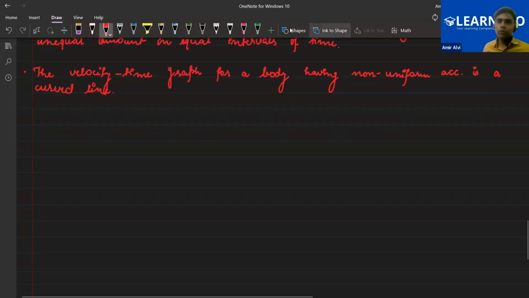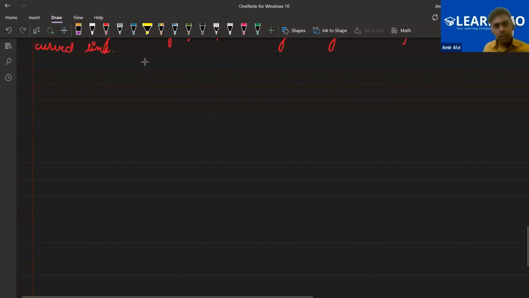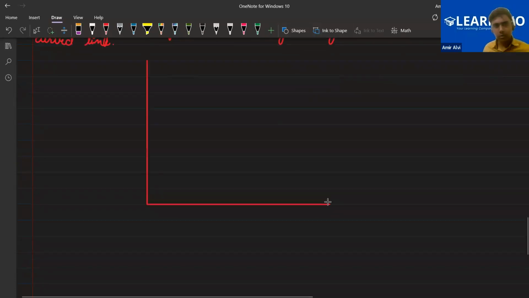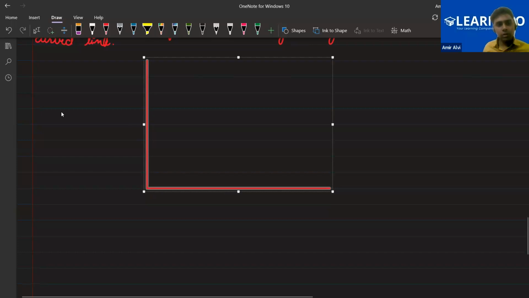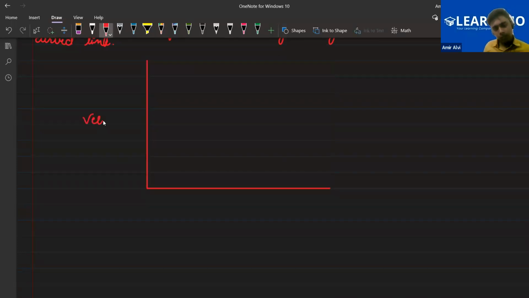If I draw the graph of non-uniform acceleration, it will be like this. This is velocity and this is time. It will be like this. This is a non-uniform graph for the motion. Clear, everyone? Any doubts so far?